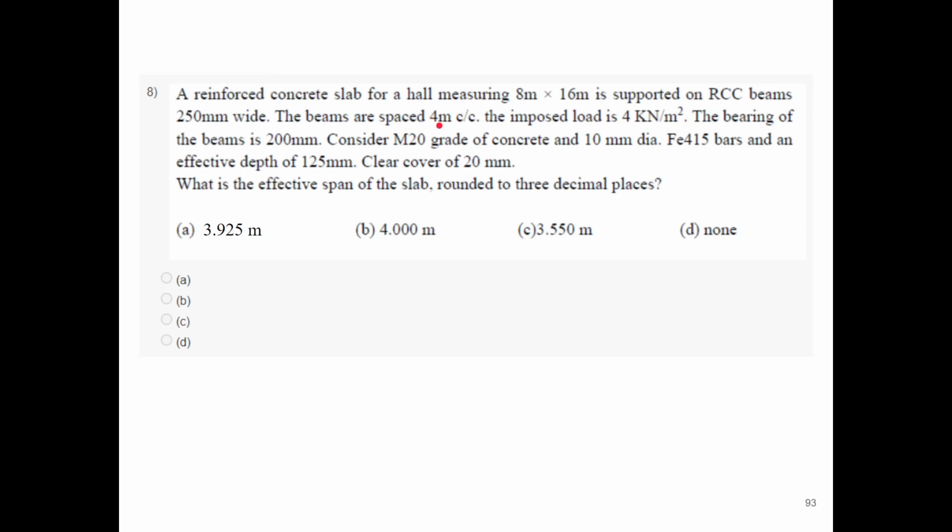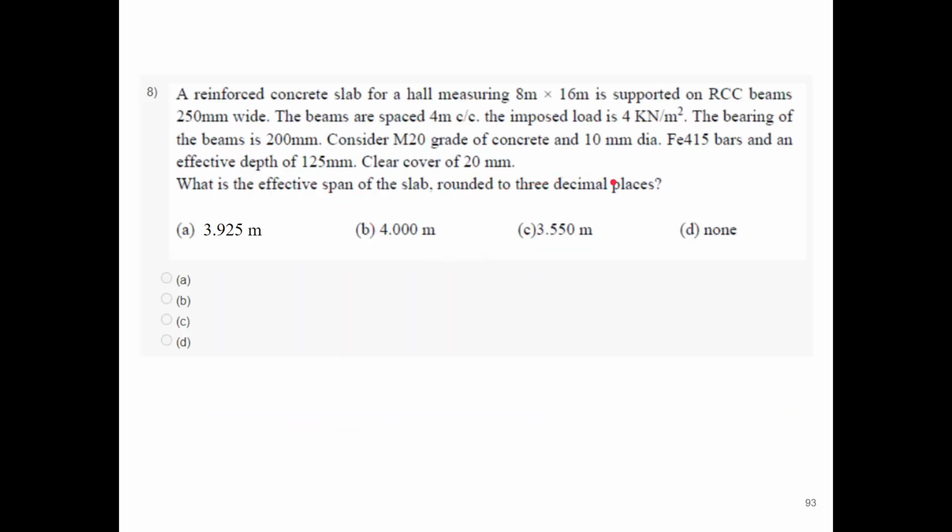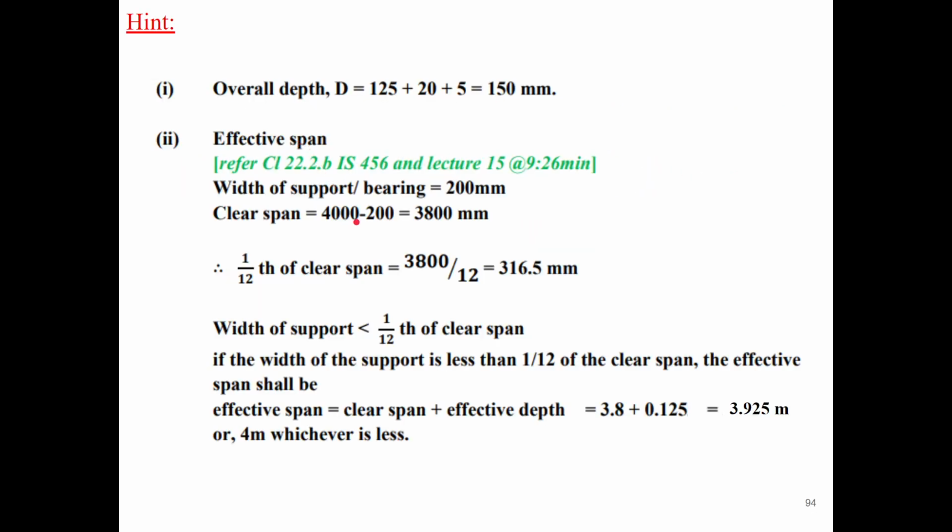So it will be 4 minus 0.2. Sorry, the bearing of the beams is 200, right? So 4000 minus 200, which is 3800. Okay, because we are considering the slab, not the beam, the bearing is 200, not 250. So clear span is 4000 minus 200, that is 3800. So 1 by 12 of clear span is 316.5 and width of support.